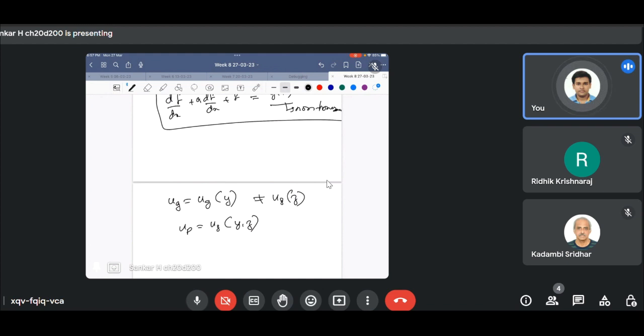So basically what I am saying here is the actual solution that I have is a solution in y along with an error term that comes from the boundary conditions of z.